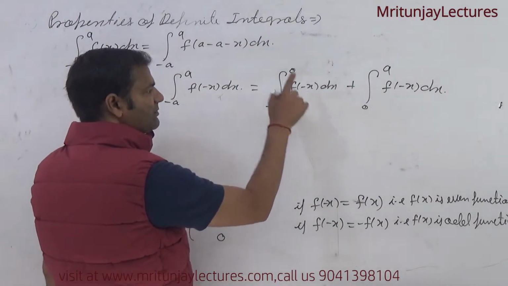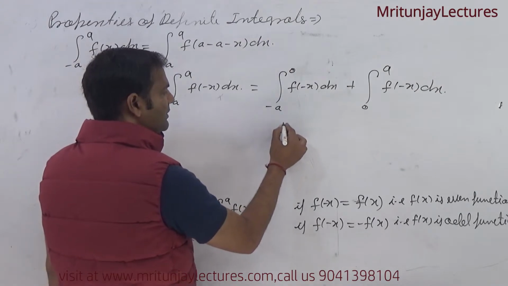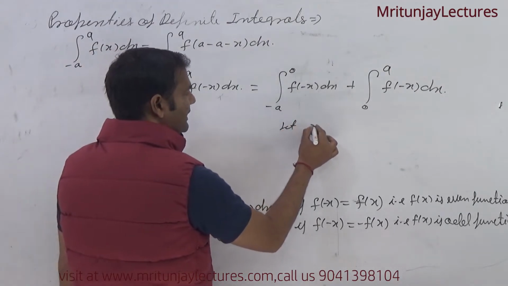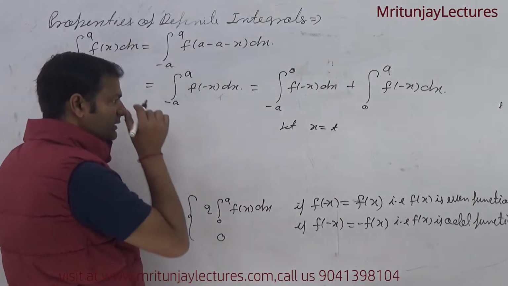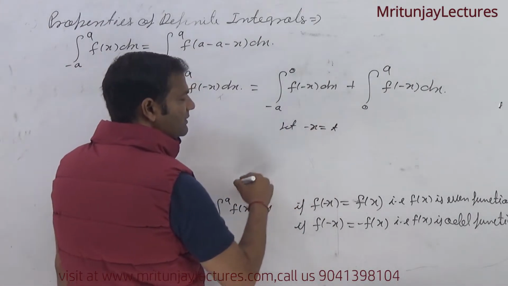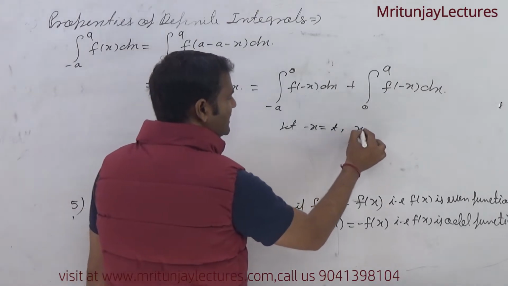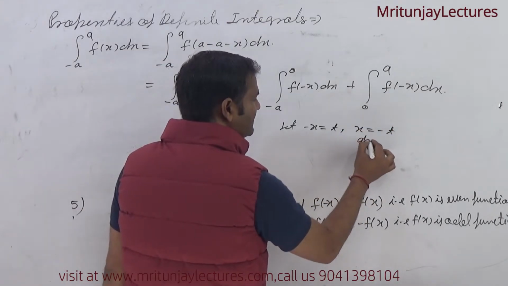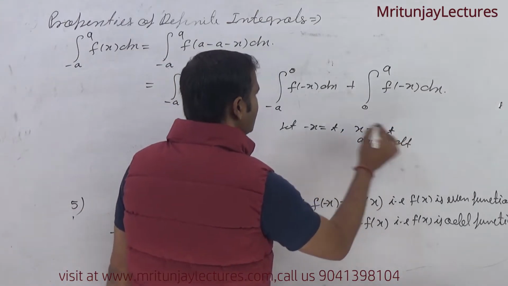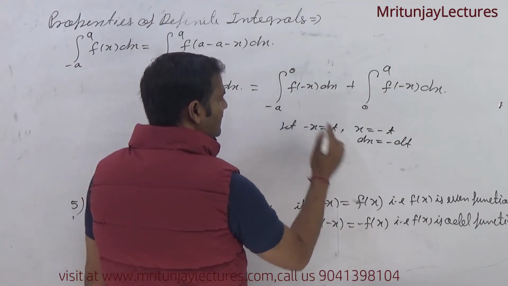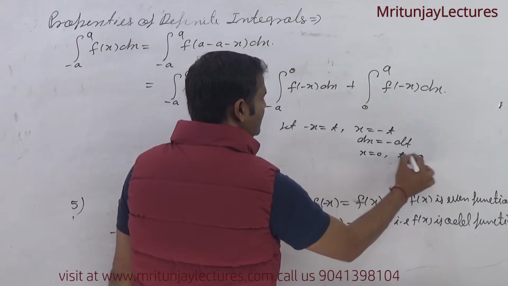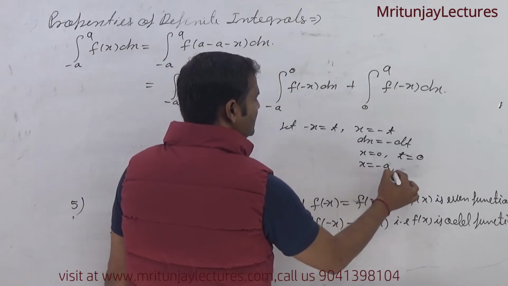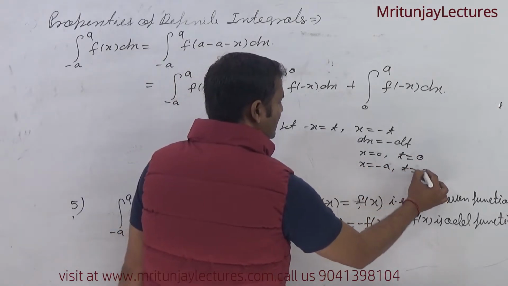Let minus x be replaced by t, so x will equal minus t, dx will equal minus dt. If x equals 0, then t is 0, and if x equals minus a, then t equals plus a.